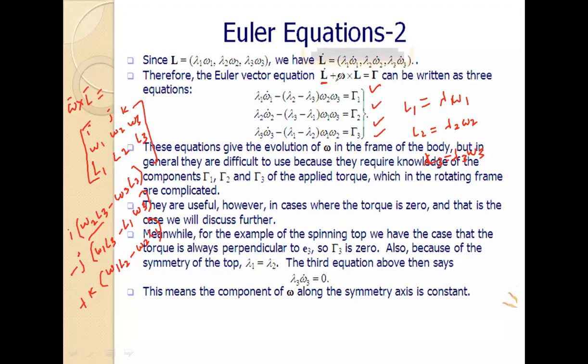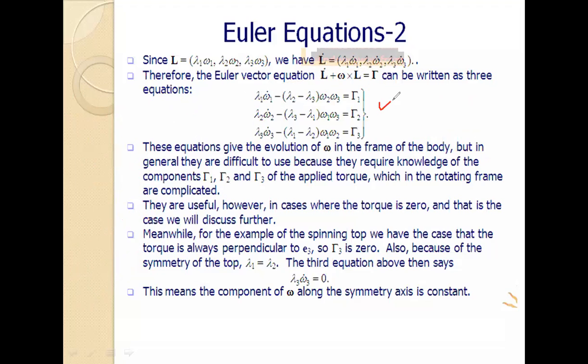First one, L1 is lambda 1 omega 1 prime minus, you get this term here. Then the second one, you get lambda 2 omega 2, you can get it from here. So I think you have to get all these equations by tomorrow. You try it, otherwise I'll help you. Okay? This one is your job.